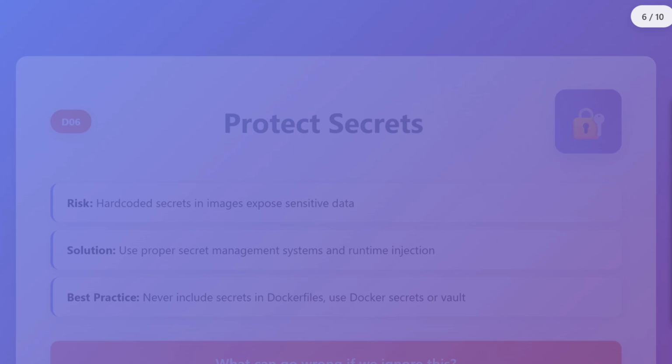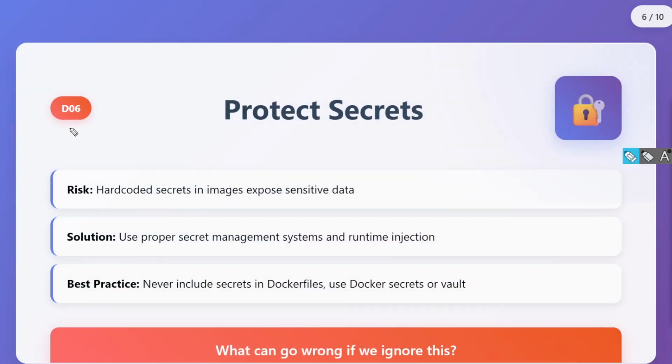And moving to the next Docker Top 10, which is D06, protect secrets. Here we look at how we handle secrets inside a Docker container. The associated risk is that hard-coded secrets in images expose sensitive data. So this basically brings a risk.